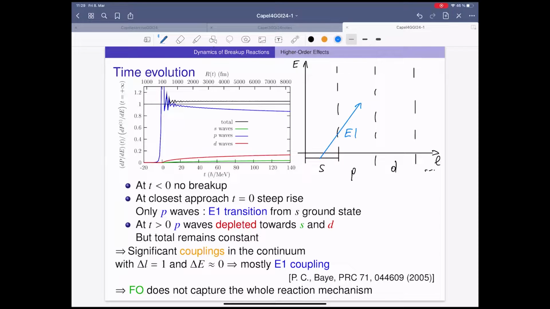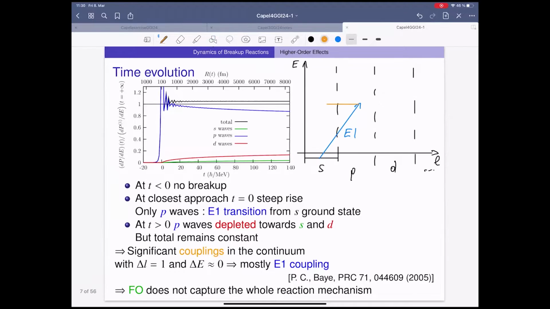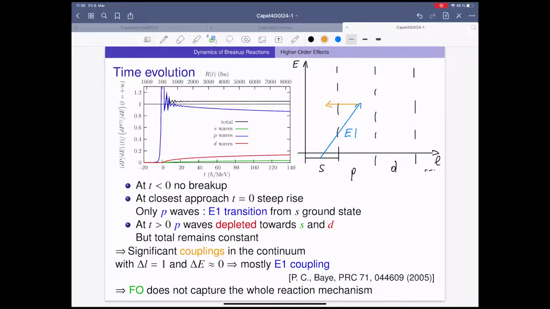And what happens is that that P wave is coupled by another E1 transition, which moves it through couplings in the continuum, and that depletes the initial P wave toward the S and D continuum, and that explains what happens here.